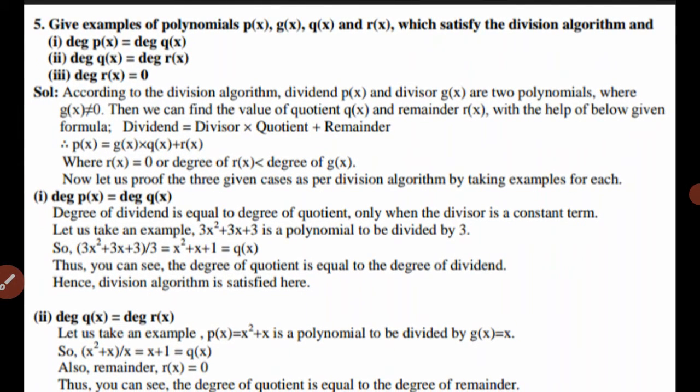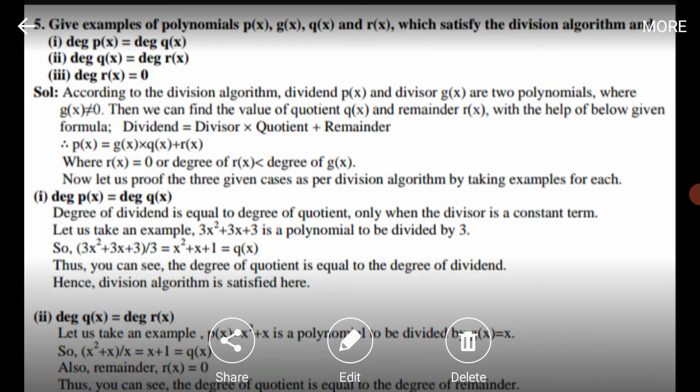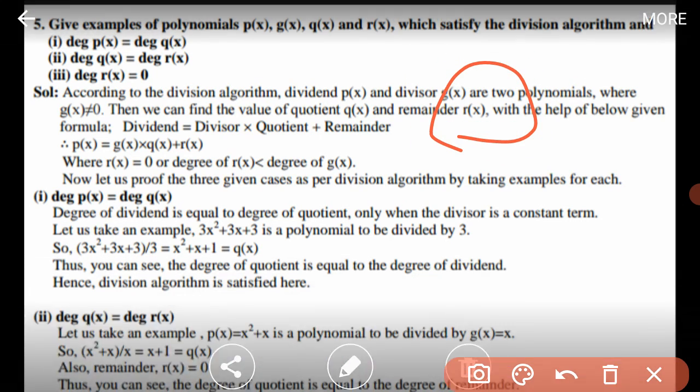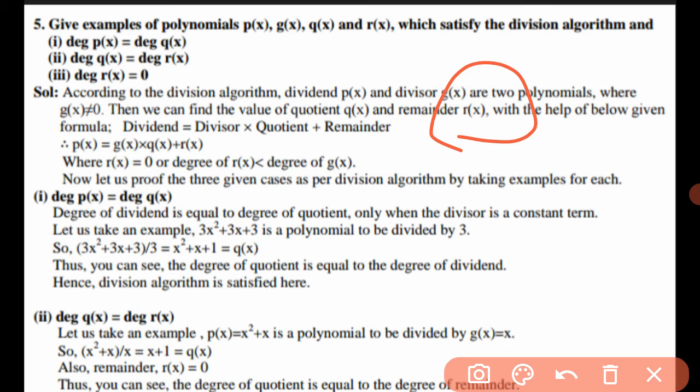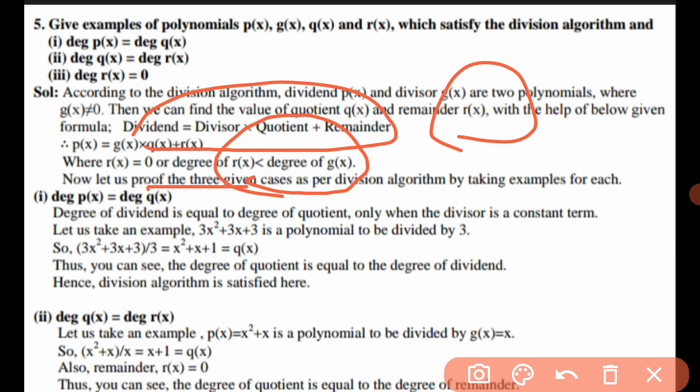According to the division algorithm, dividend px and divisor gx are two polynomials where gx is not equal to 0, and then we can find the quotient qx and remainder rx. With the help of the formula, dividend equals divisor into quotient plus remainder, rx equals 0 or the degree of rx will be lesser than the degree of gx. Only in that case can we take any example.